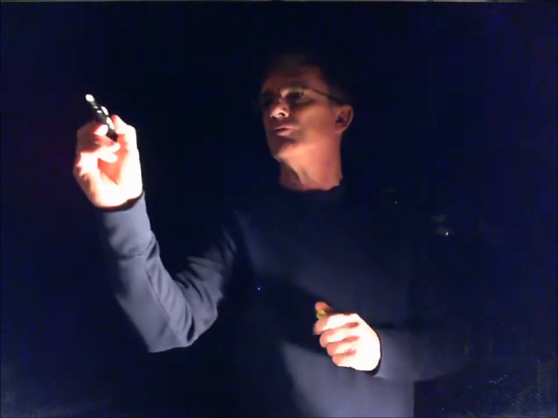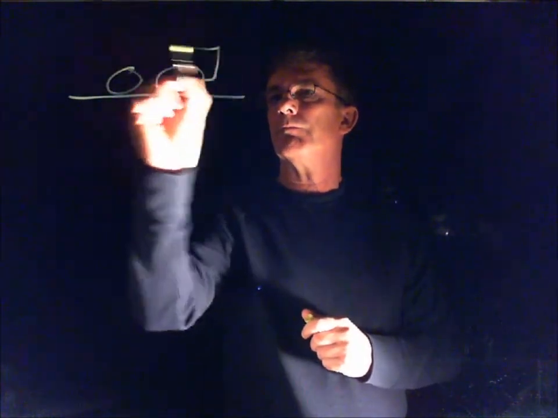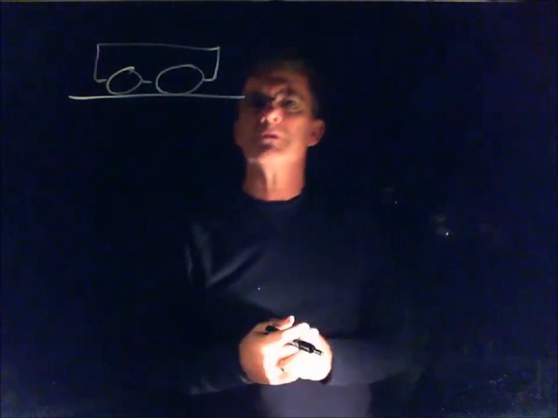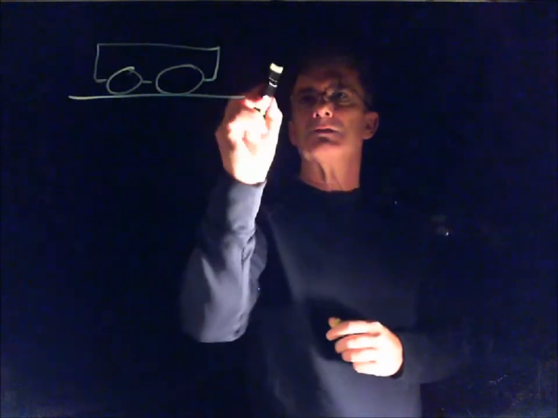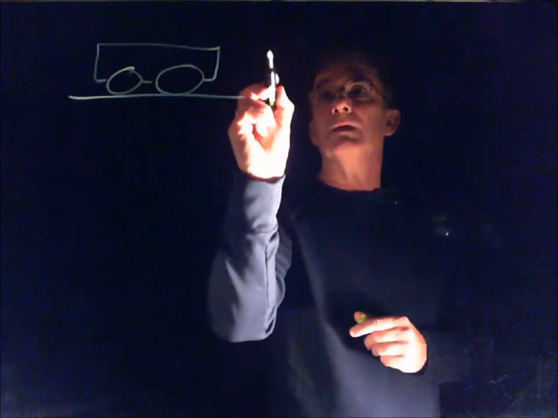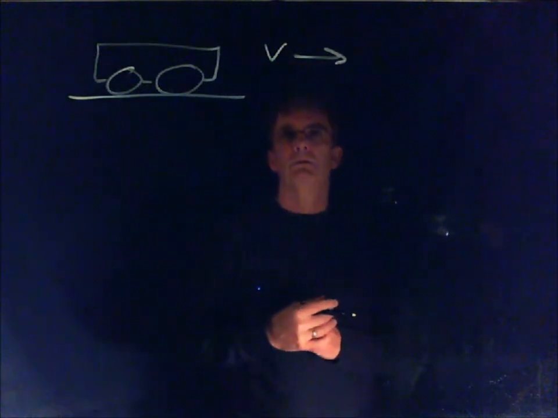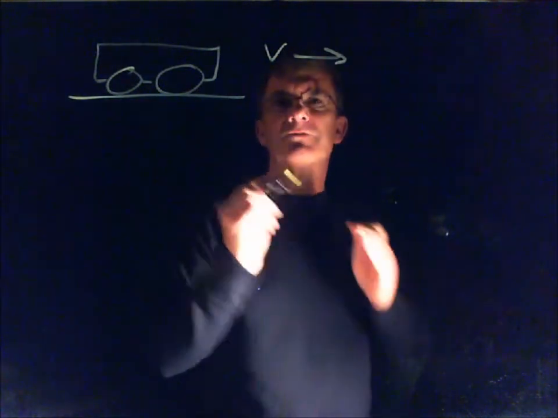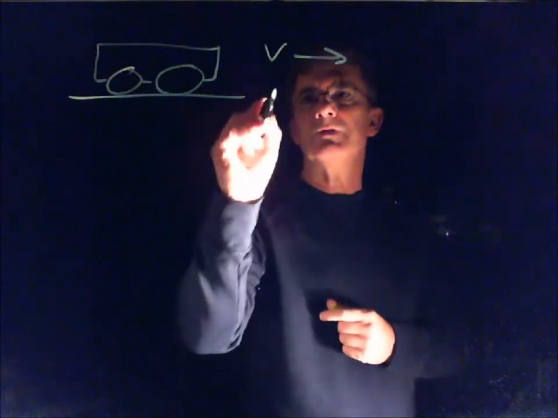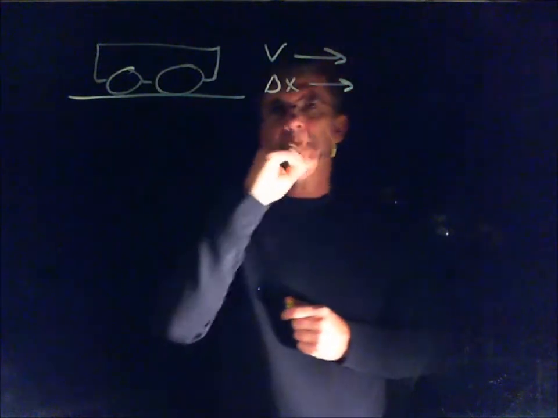Okay. All right. Let's say we have a car on the road. I know it's not the greatest car. And let's say the car is moving that way. So if it's moving that way, its velocity is to the right. If its velocity is to the right, then its displacement is to the right.